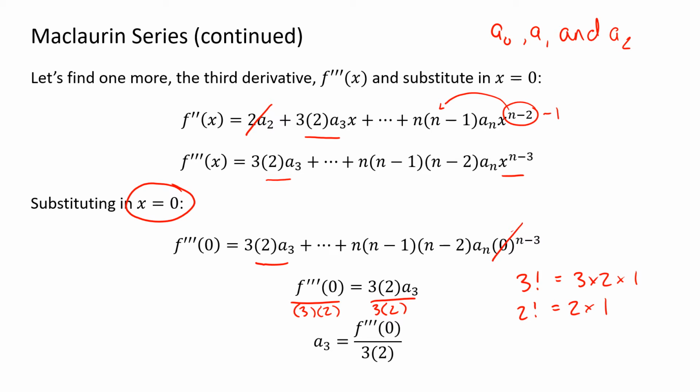If you go the opposite direction, 4 factorial would be 4 times 3 times 2 times 1. 5 factorial is 5 times 4 times 3 times 2 times 1. So you're going to see it written in terms of the factorial instead, just to tell you what's going to come in the next slide.